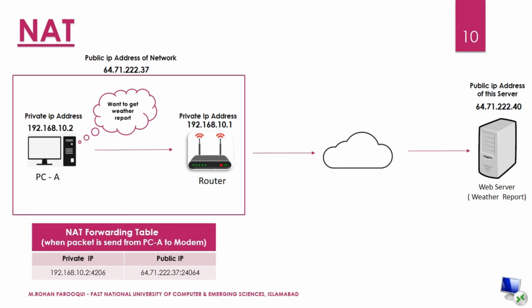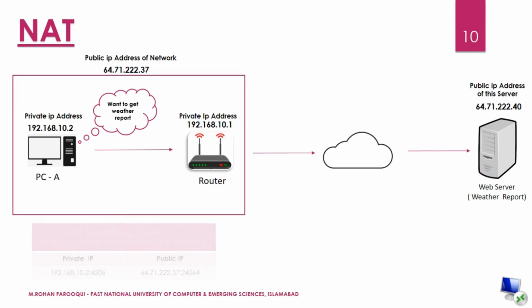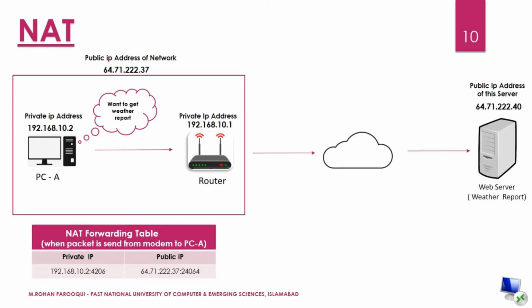The web server will process the query of PC A and send that packet to the router. Now as the packet is received by the router, the router will look in the NAT forwarding table to see from which device it was requested. In the current scenario there is only one device, but in normal daily life we have a number of devices connected to the router, like an Android device, a laptop, a number of PCs.